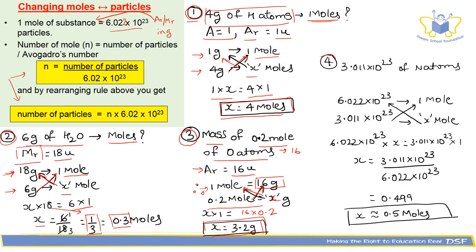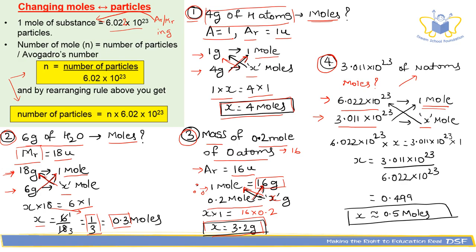Let us look at the last example, wherein there are 3.011 x 10^23 atoms of nitrogen, N atoms, and we need to find out the number of moles. So 6.022 x 10^23 of any substance is going to give you 1 mole, right? So it holds good here also. 6.022 x 10^23 of N atoms is going to give you 1 mole. Therefore, how many moles will 3.011 x 10^23 give?